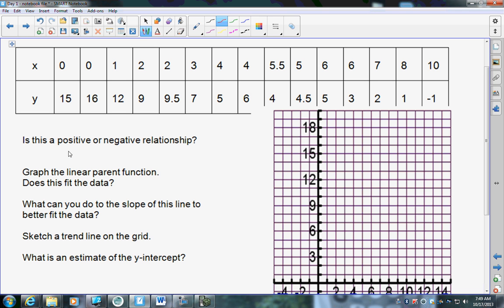I've got 0 and 15. 0 and 16. 1 and 12. Okay, let me check these off as I go through. 2 and 9. 2 and 9.5.